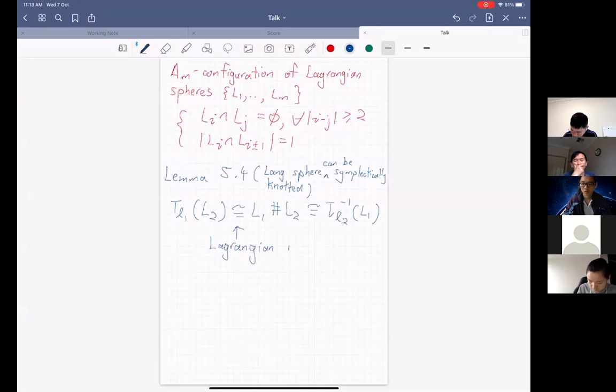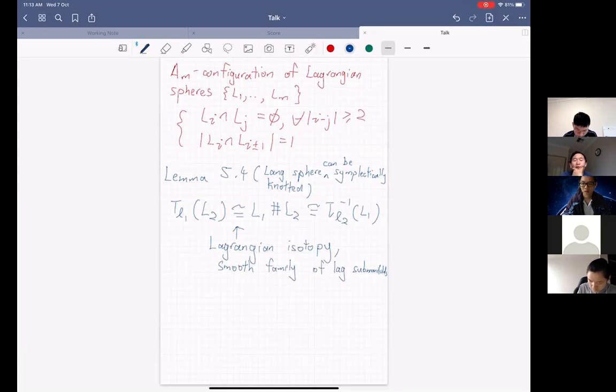So if you are interested, you can go and look for the paper. Lagrangian isotopy means there's a smooth family of Lagrangian submanifolds.